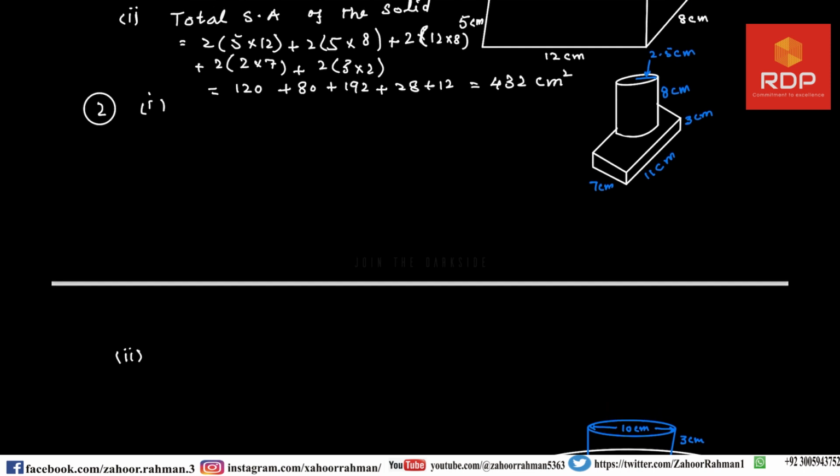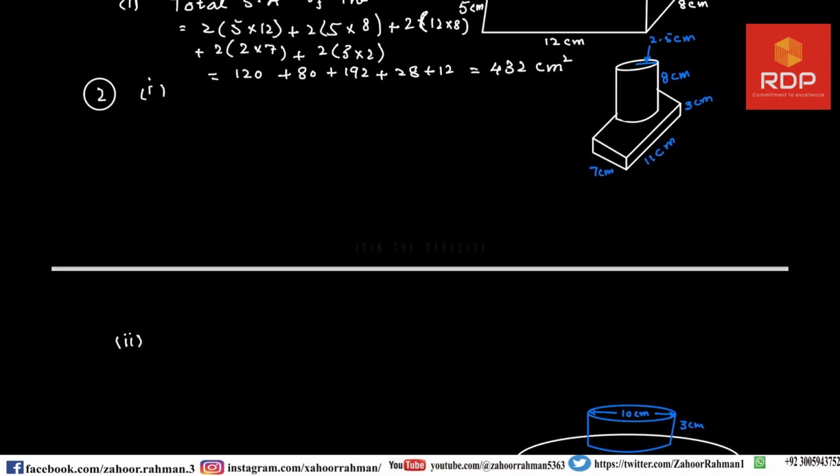The dimensions are given. So in the first section we are finding the volume of the solid, which is the combination of cuboid and cylinder.